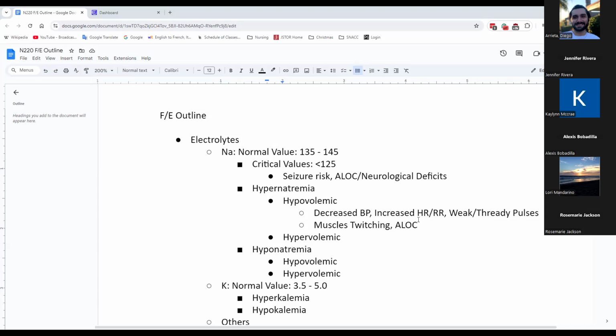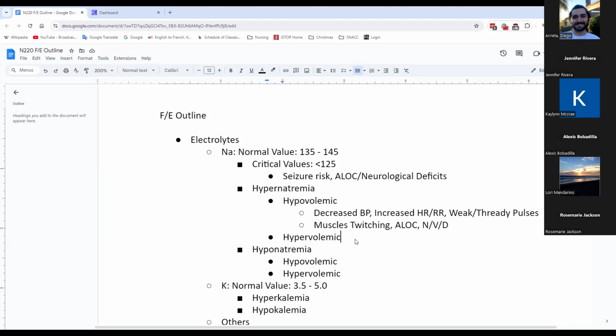Lethargic, sure. Another thing you might see is stomach cramping. Yeah, with hypernatremia, you'll see nausea, vomiting, diarrhea even. Decreased urine output, yes, because you don't have enough fluid.